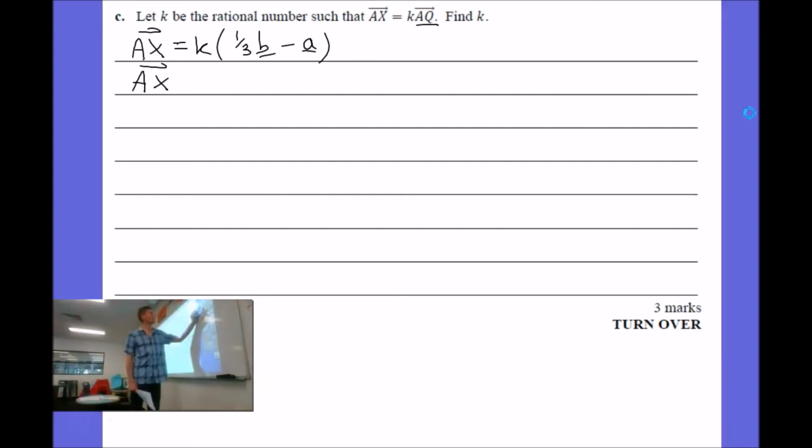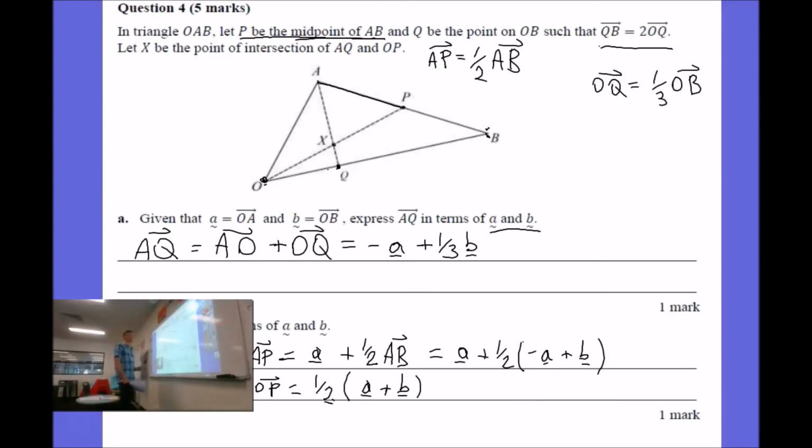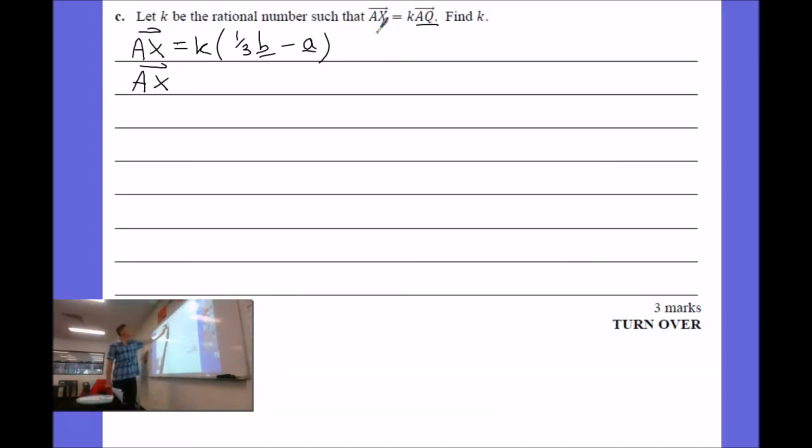So if you look back at the diagram, what is A to X? Well, going from vector A to X, we could run backwards along a and then go from O to X. Now O to X is along this line segment O to P. So that is suggesting that this O to X is going to be some fraction or some ratio of O to P. So that's very similar to A to X being some fraction of A to Q. All right.